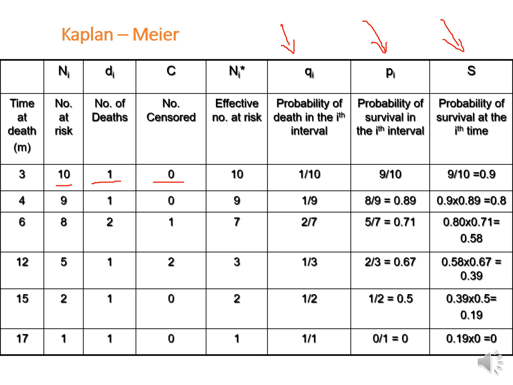As I showed you before, at 3 months I have one event. So the probability of the event is 1/10, and the probability of surviving, because this is all about survival, is 9/10.